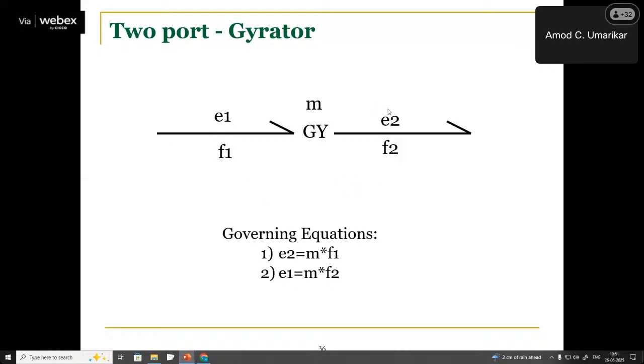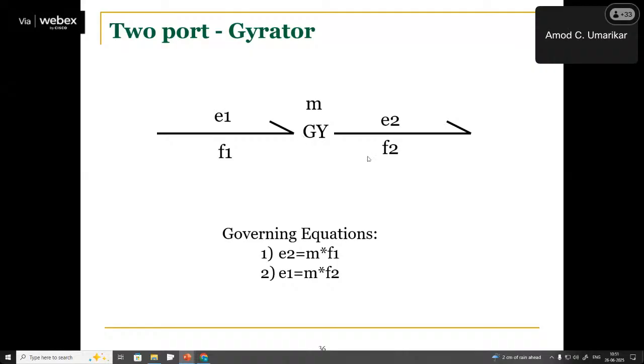E2 is directly related to flow of bond 1, and F2 is directly related to effort of bond 1. So E2 is nothing but MF1 and E1 is nothing but MF2. Correct? So that is the gyrator equation.